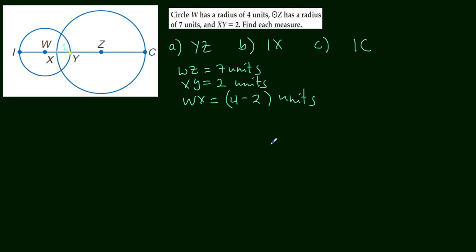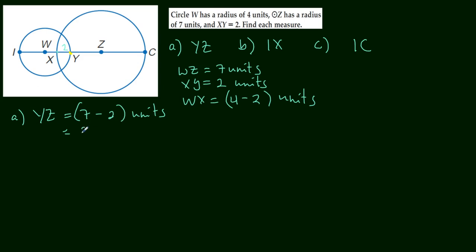What we got now? That means Y zeta. So if we solve A now, Y zeta is equal to 7 minus 2 units.